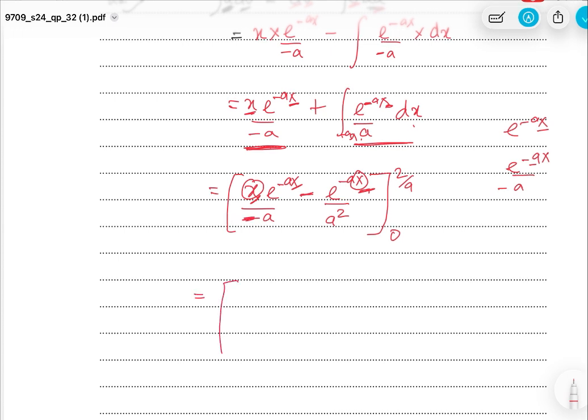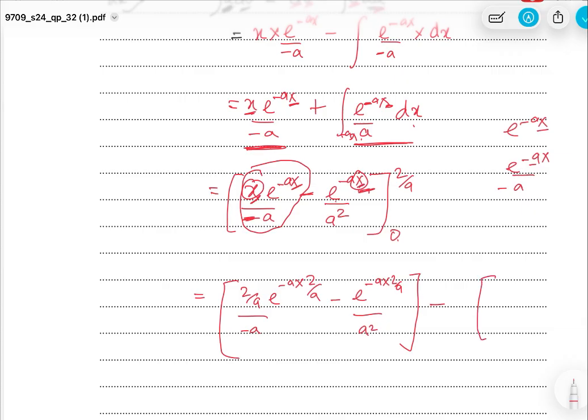Instead of x, it will give us 2a upon negative a times e to the power minus a times 2 by a, minus, again instead of x, e to the power minus a times 2 by a upon a square, minus the lower limit. If I put 0, this whole term will become 0. Yes or no? And e to the power 0 will be 1.